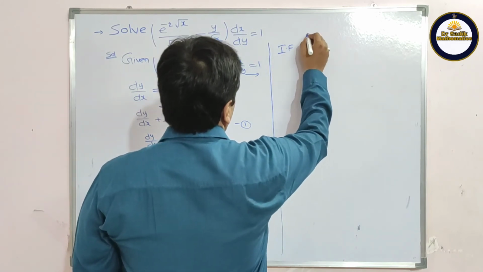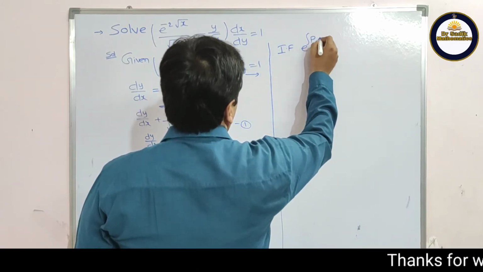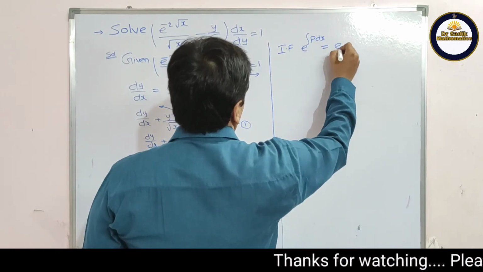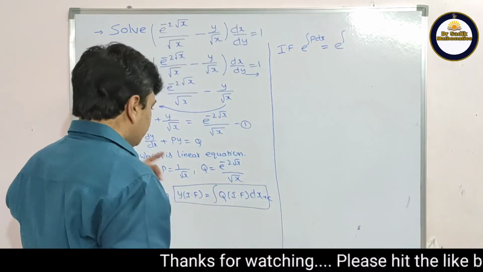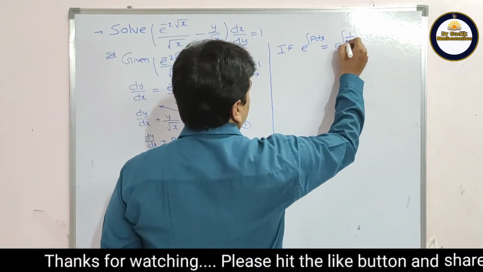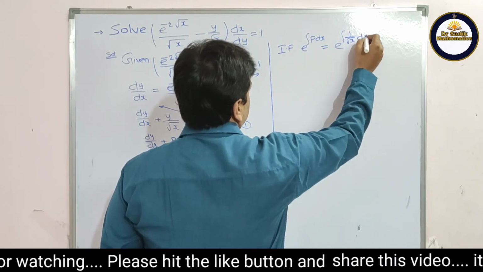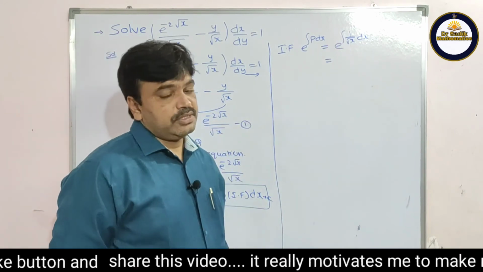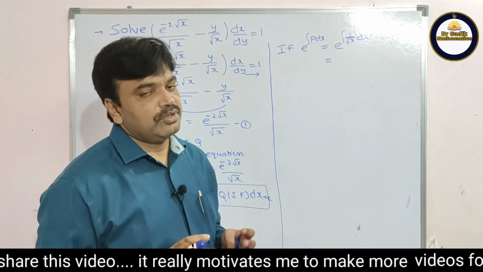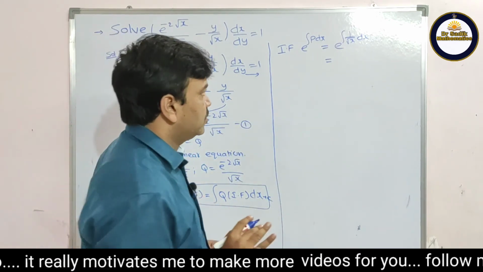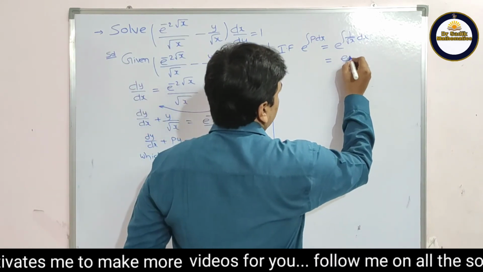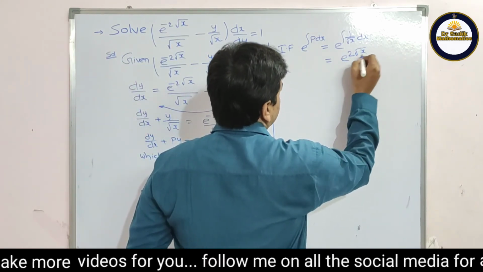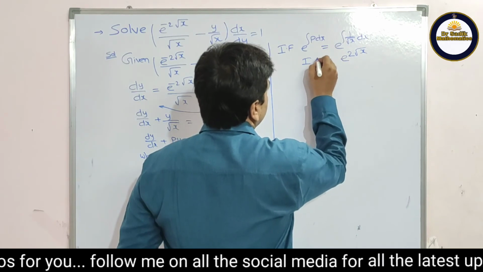Integrating factor is e power integral p dx, that is e power integral of 1 by root x dx. The integral of 1 by root x is 2 root x. So we get here e power 2 root x. This is the integrating factor.